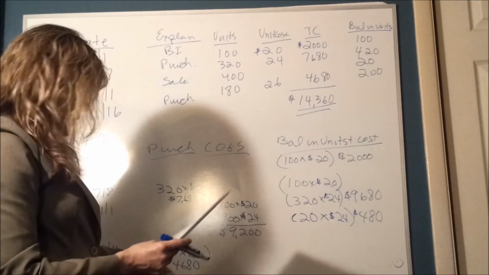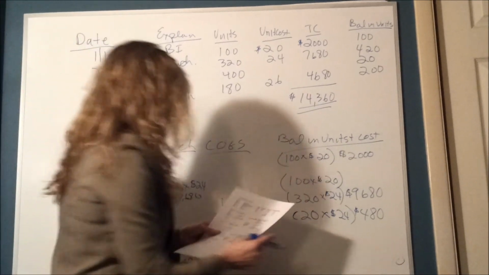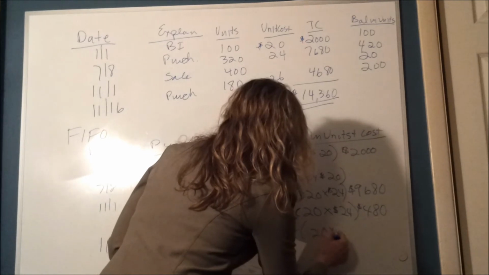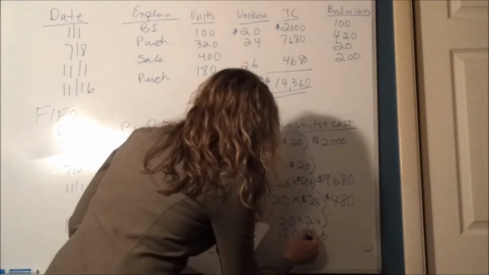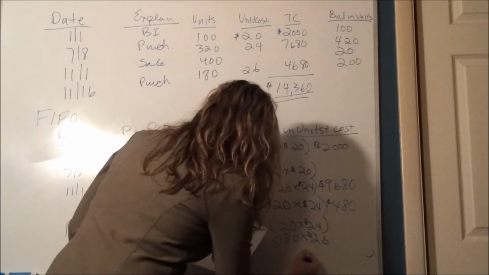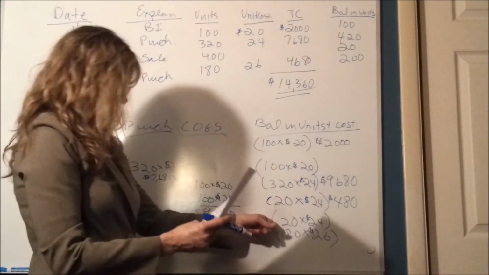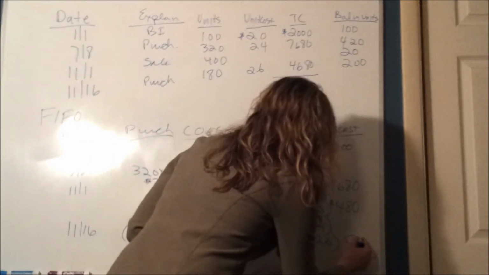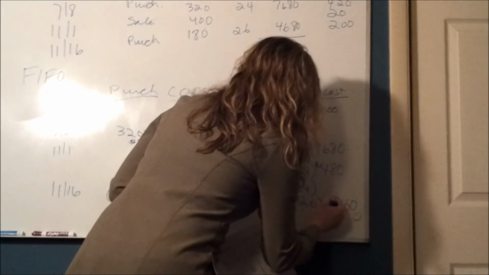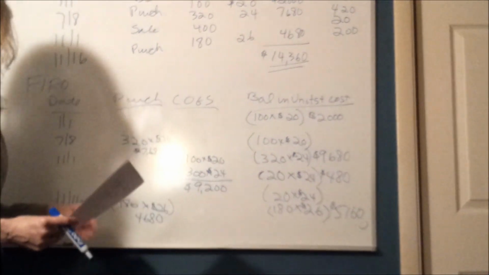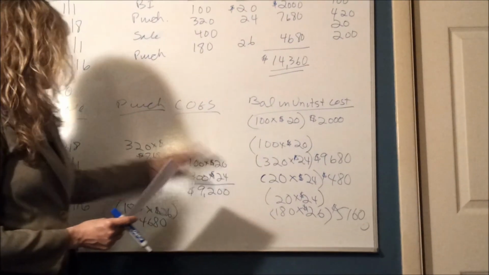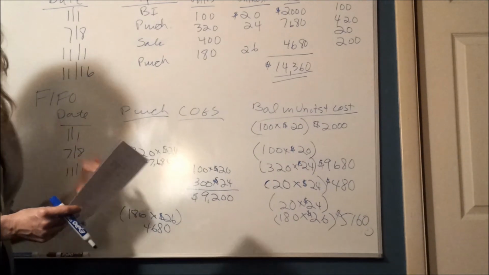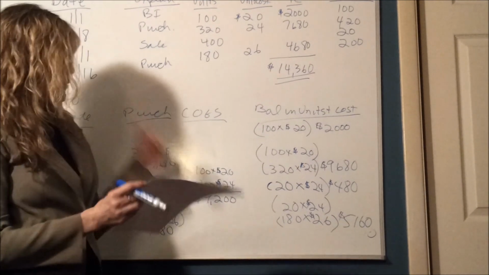Now that we've made this additional purchase, we have the 20 units at $24 left, and we have 180 units at $26 left. So right now, our ending inventory is $5,160. So you do have to take it step by step when you're looking at the perpetual rather than the periodic. And now we'll move on to LIFO.